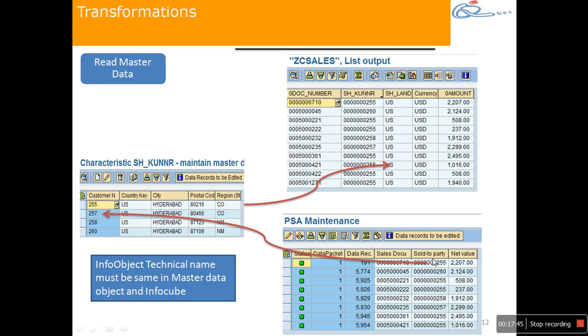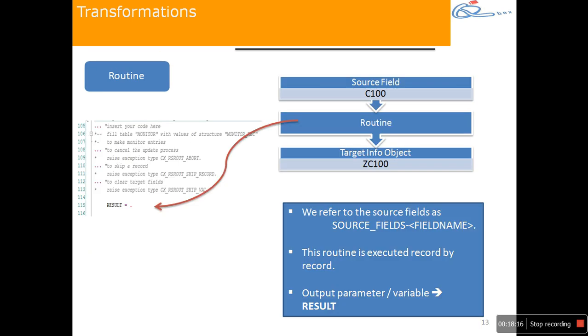What I want to do is pick up the sold-to party here, go to the master data of that customer, and for customer 255, what is the city? What is the country? It was US. Now fill the US into this. So take the source record, take the customer in it, go to that customer's master data, check what country is there, and accordingly for 255 the related country is US here, and that US gets filled. Yes, if you could understand this. If you are a bit confused, this is what you need. Read master, read.